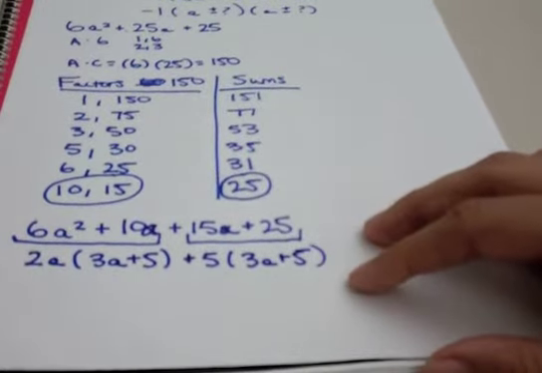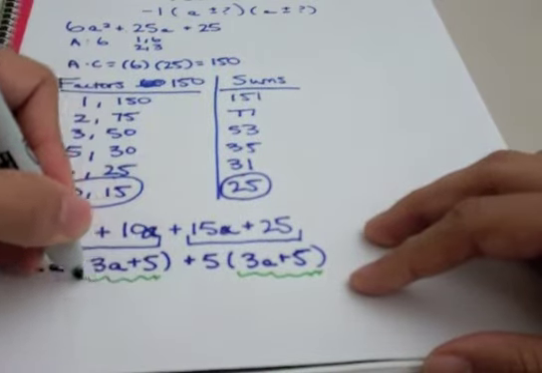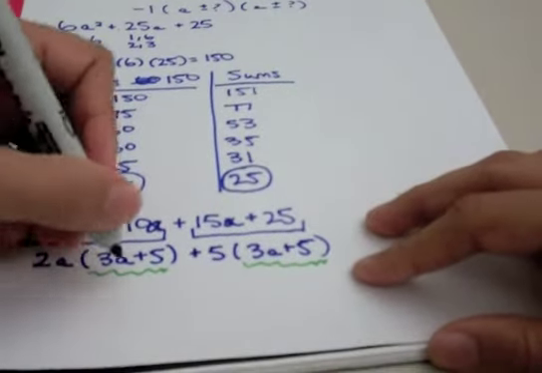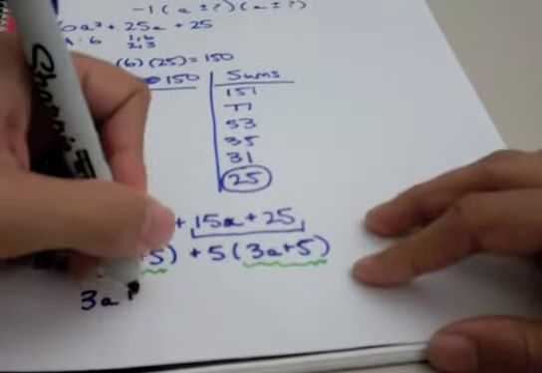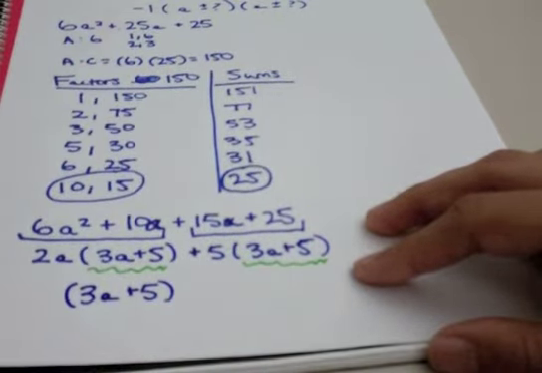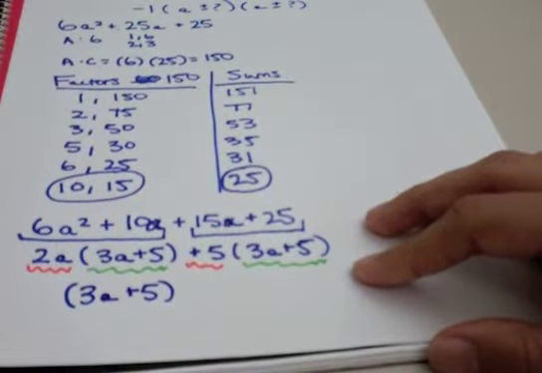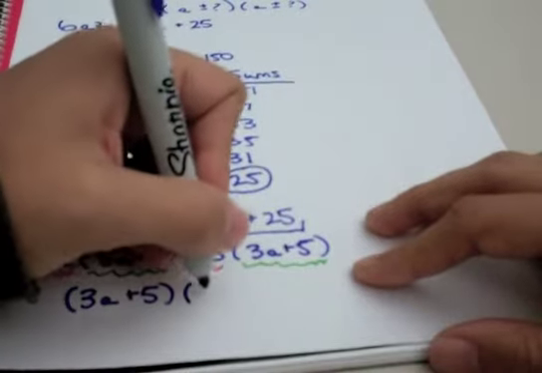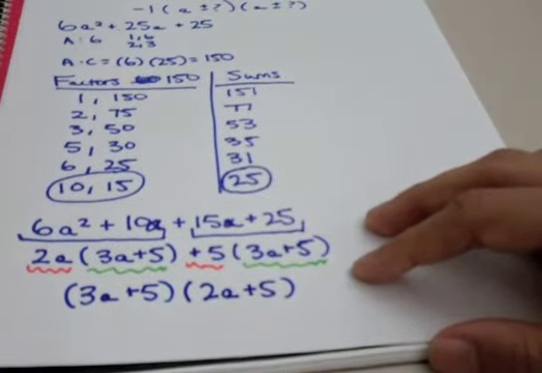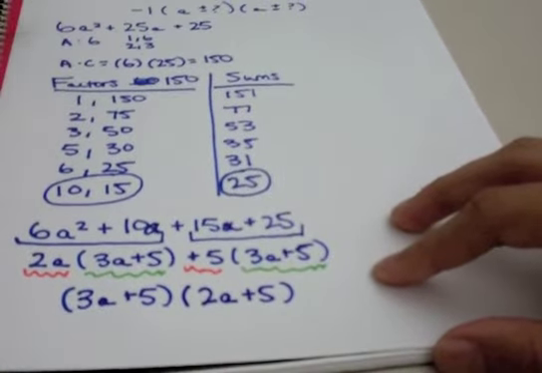And as we've been doing before, since there's a 3a plus 5 here and a 3a plus 5 here, we can factor it out, giving us 3a plus 5 over here. And what's left over is a 2a plus 5, and those should be the factors for this problem up here.